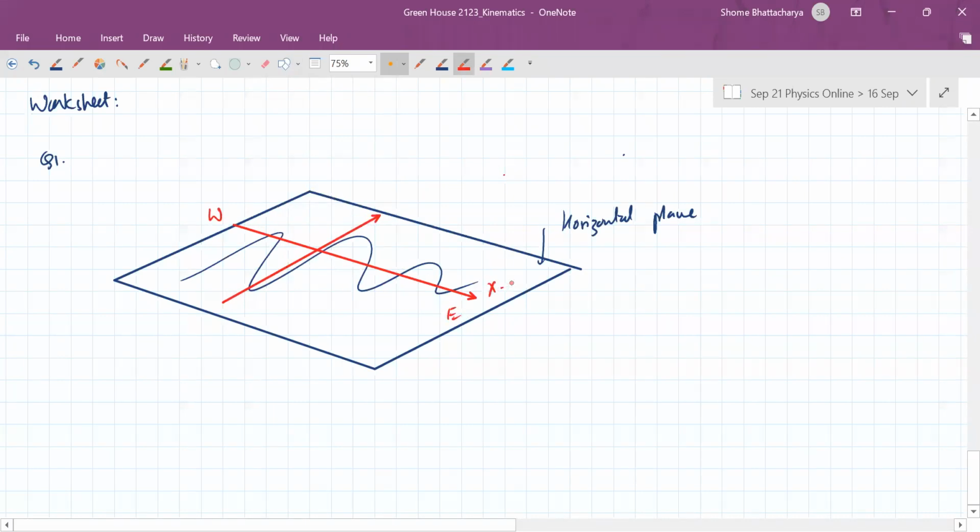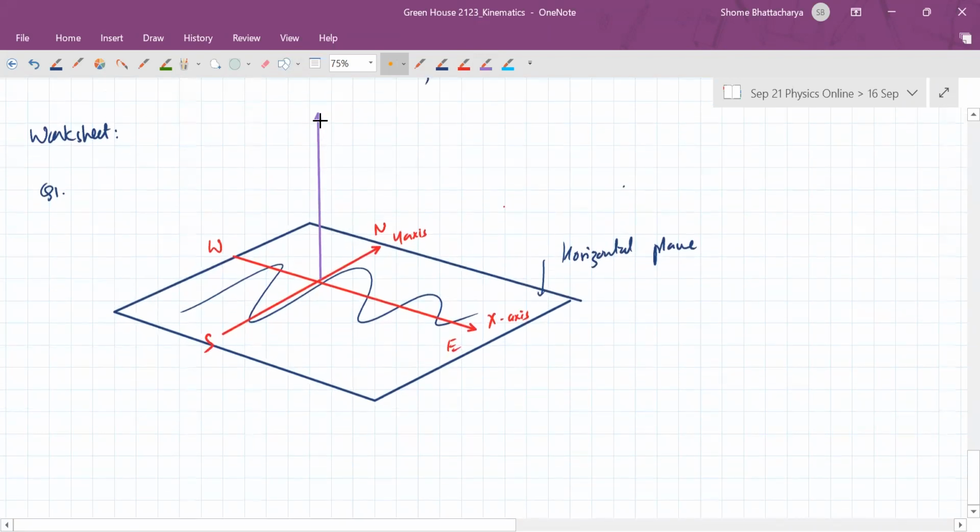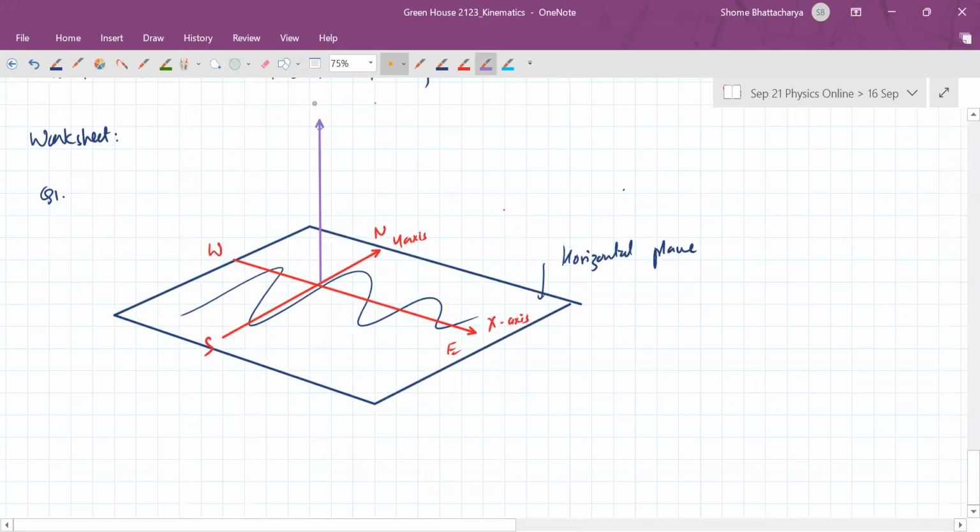This is our x axis, and the y axis is pointing from south to north. In that case, our z axis will point along the vertical, or opposite to gravity. So this is the main thing.